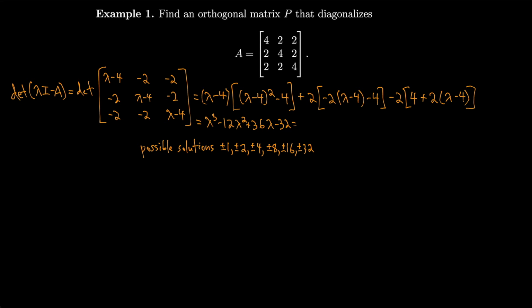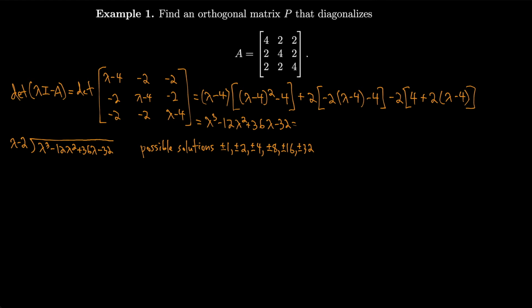So I'll just give you a spoiler that 1 isn't going to work. It's going to be 2. I'll show you. I'll do lambda minus 2, and I'll divide lambda cubed minus 12 lambda squared plus 36 lambda minus 32.